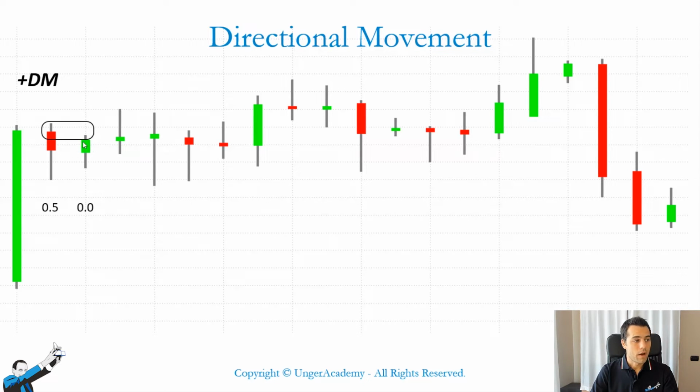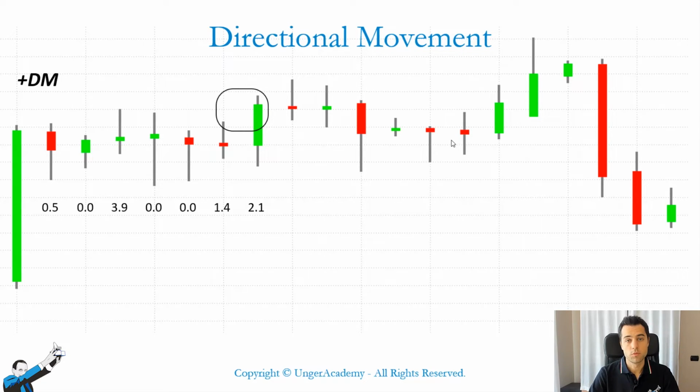We can now have a 0 because there are no plus directional movements between these two bars. 3.9, then another 0, and then 1.4, and at the end 2.1. For this numerical example, we are considering just 7 bars, but we could consider 10, 14, 20, the number we want.